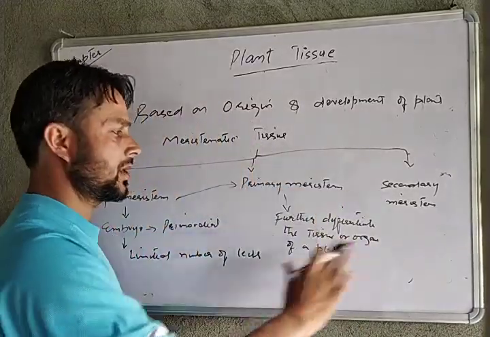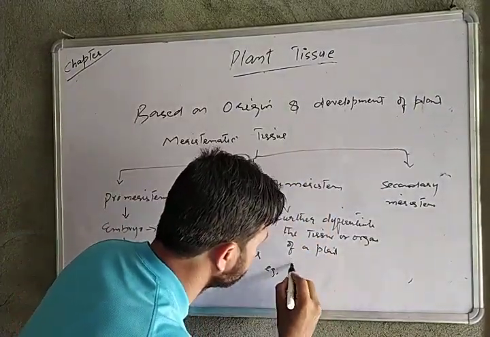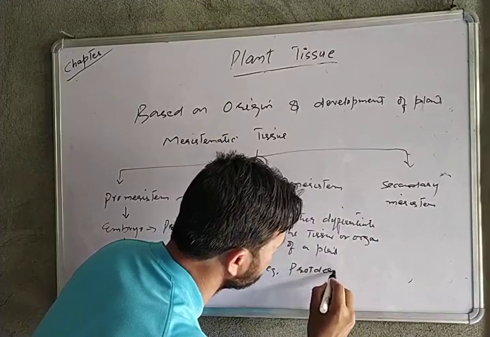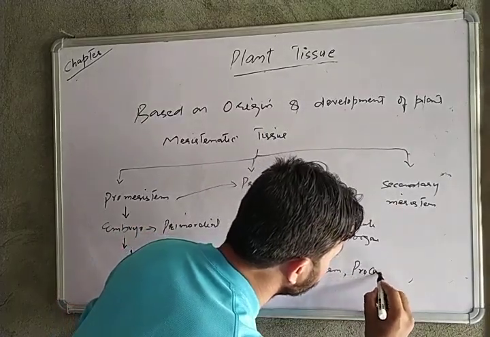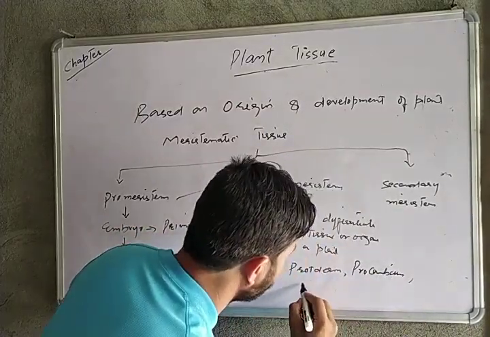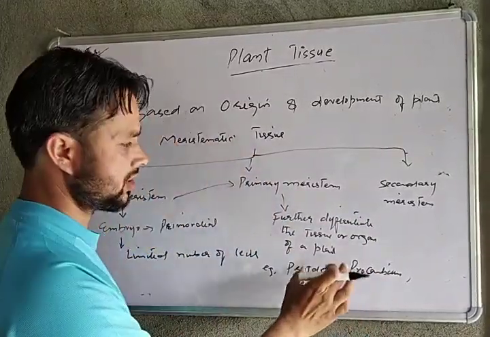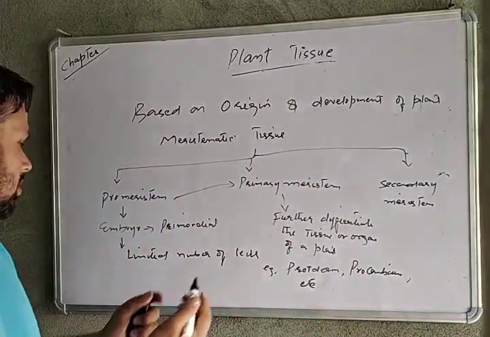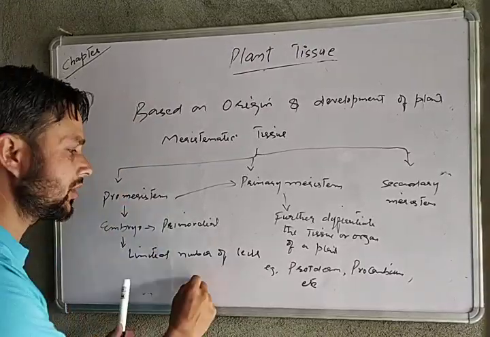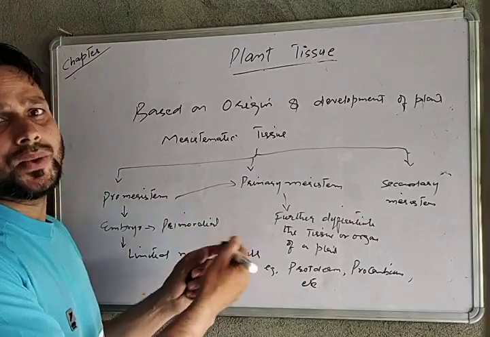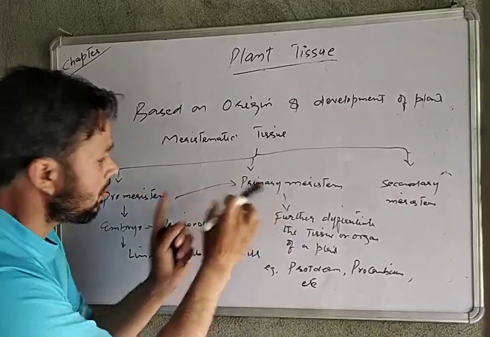For example, protoderm, procambium, etc. These are the primary meristems, which originate from promeristem, and promeristem is a group of limited number of initials which have the power of division, which differentiates in the embryo.